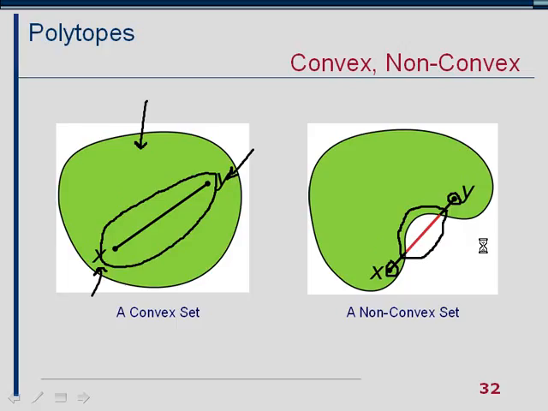Not all problems are linear problems, or can be formulated using linear programming. So in more advanced models and OR techniques, you will deal with non-convex sets, but in the context of linear programming, all polytopes are convex, and it makes the problem relatively easy to solve.